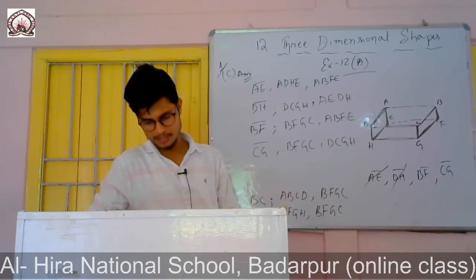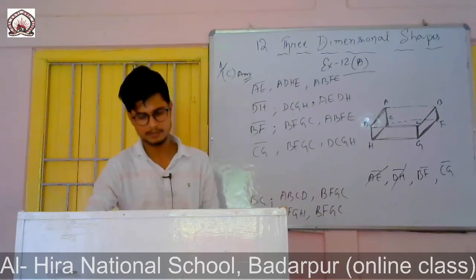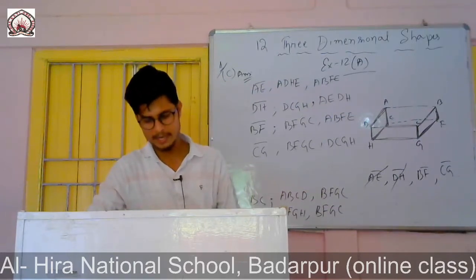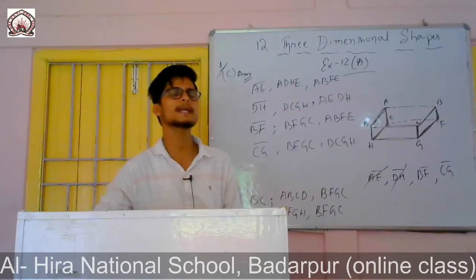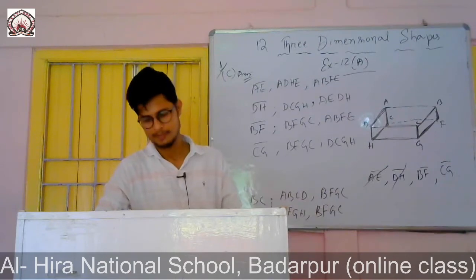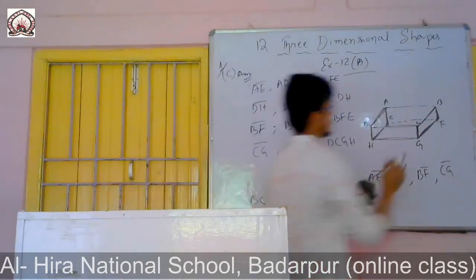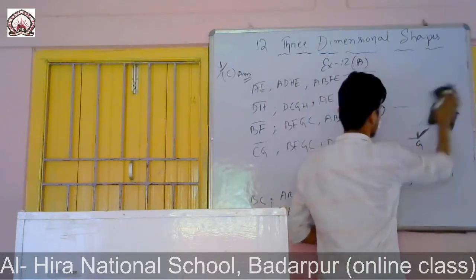This drawing shows a cube. So you see a figure is there just at the right side of the question. So what is the shape of each face? So we know that in a cube, length, breadth and height are same. So if I just simply draw, okay, let me show you.